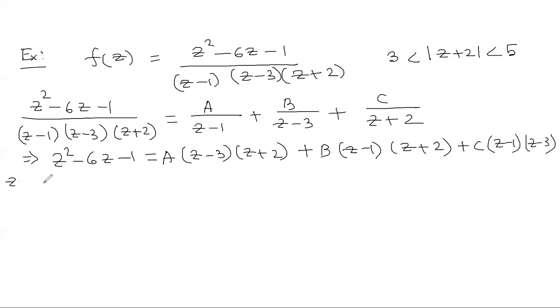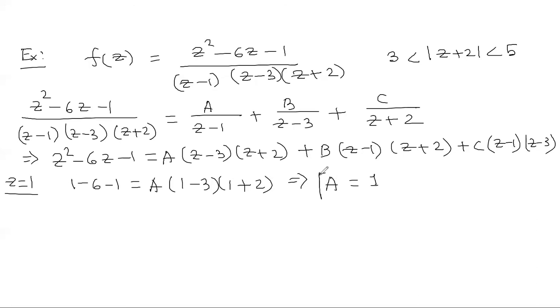If you put z = 1, we get 1 − 6 − 1; this part is 0, this part is also 0, and we are getting 1 − 3 and 1 + 2. So from here we are getting A = 1.